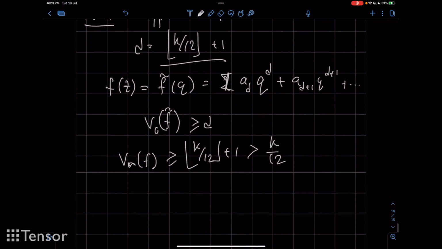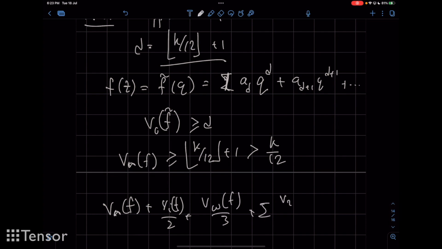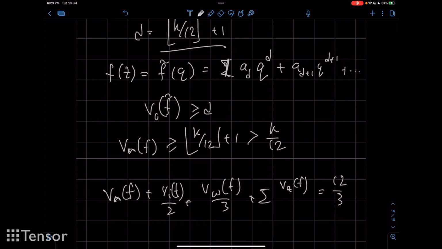And what is the valence formula? The valence formula was that v infinity of f plus v_i of f by 2 plus v omega of f by 3 plus a sum of v_z of f is equal to 12 by 3. Now, f is a modular form. So f is holomorphic on the upper half plane. So all these terms are non-negative, because the valence is negative only when the point is a pole, right? But since f is a modular form, f does not have any pole in the upper half plane.